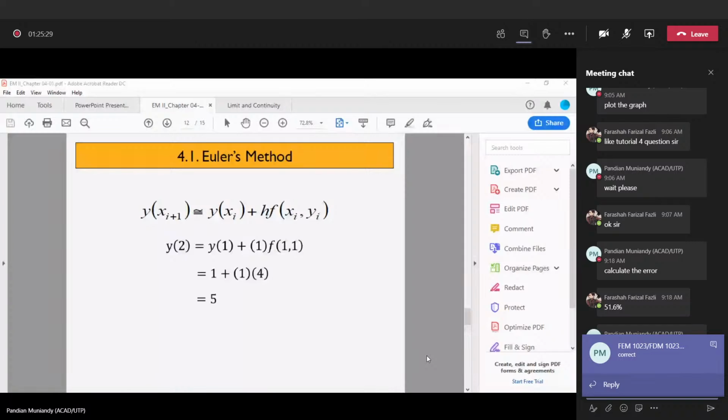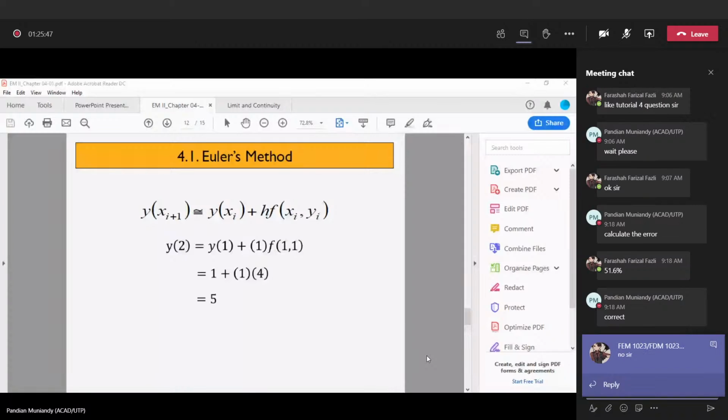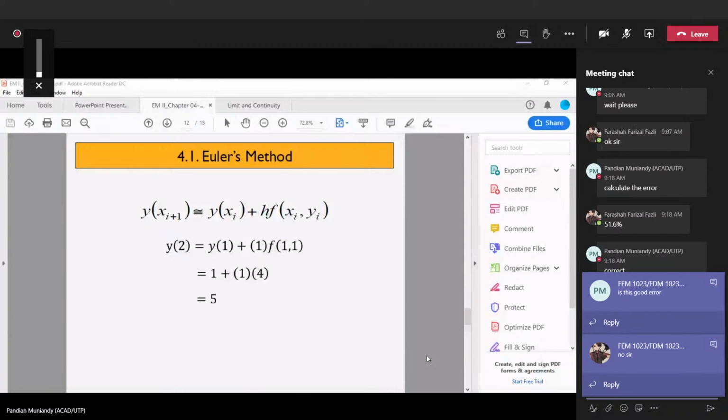Is this percentage good? 51.6%. Is this a good error?